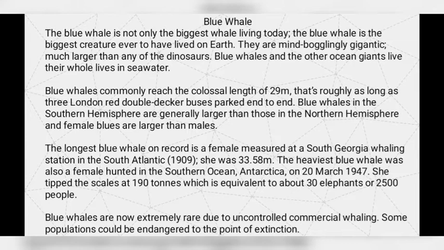So in general classification, it contains general statement of the object, and in the description, it describes the specific part of the object such as the characteristic and the habit. In this text, the general classification is in the first paragraph and the description is in the second, third, and fourth paragraph.